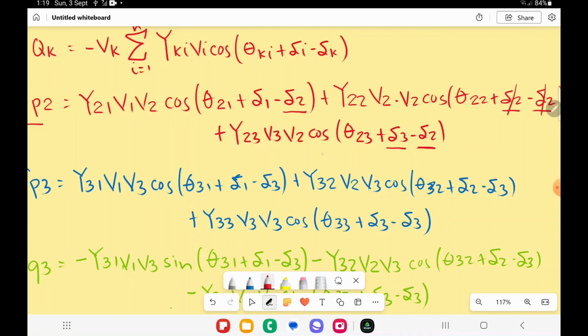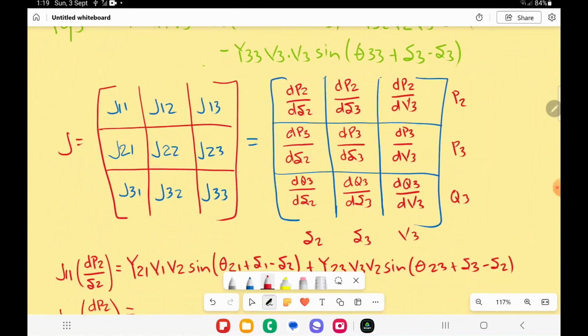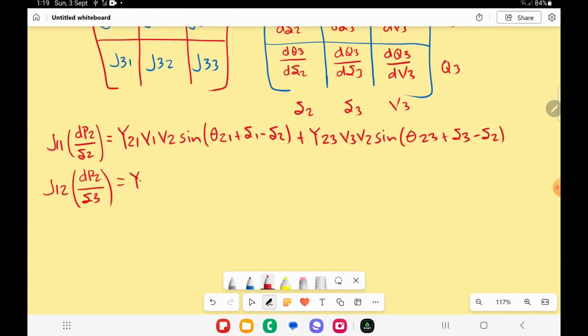So the derivative of cosine is negative sine. So we have negative Y23 B3 B2 sine theta 23 plus delta 3 minus delta 2. So for J12, Y23 B3 B2 sine theta 23 plus delta 3 minus delta 2.